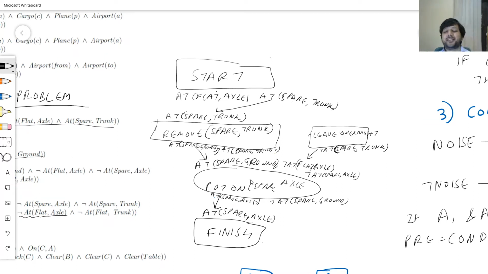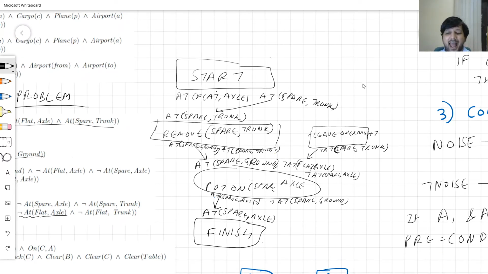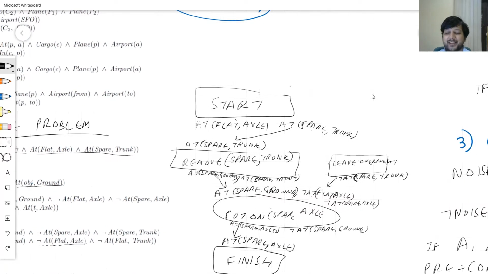However, what this does is something interesting, and for now let me just highlight what would happen for one variable. When I apply the start action, I'll have add at spare trunk.